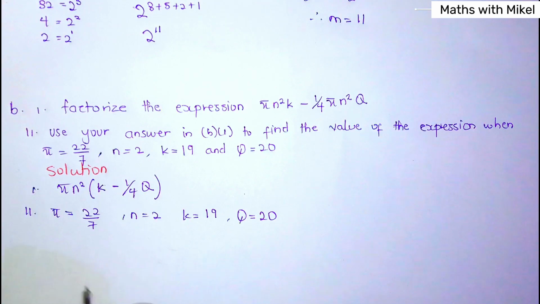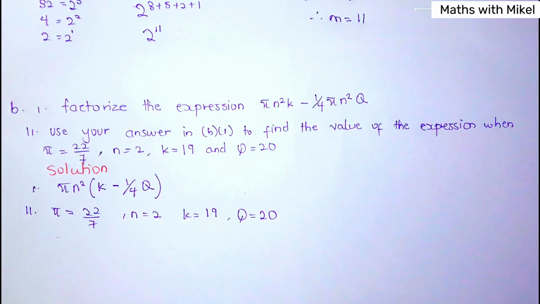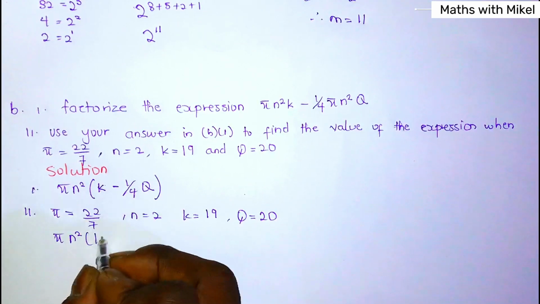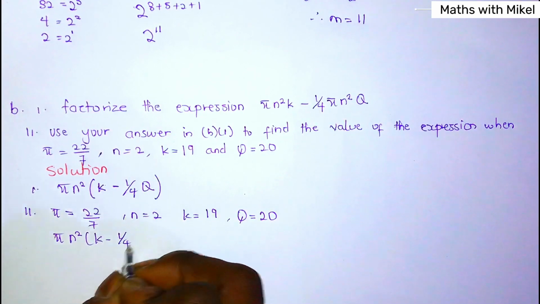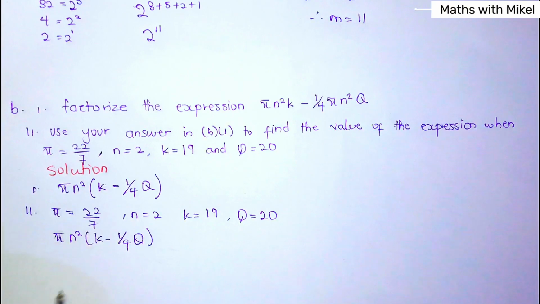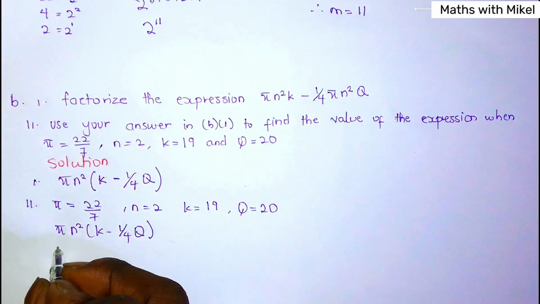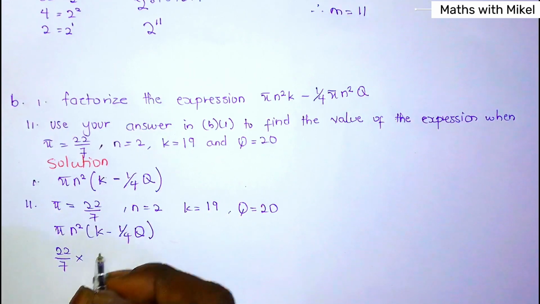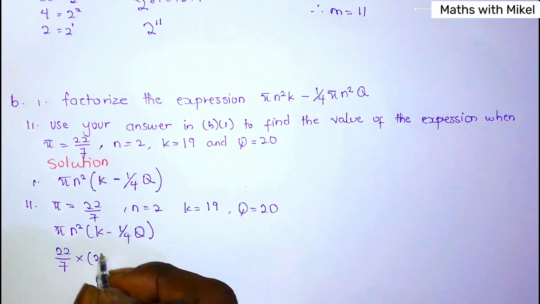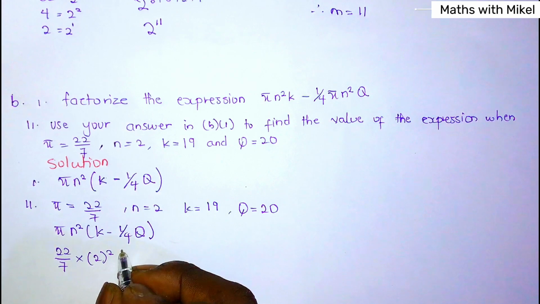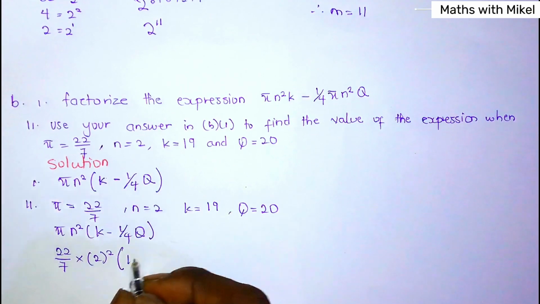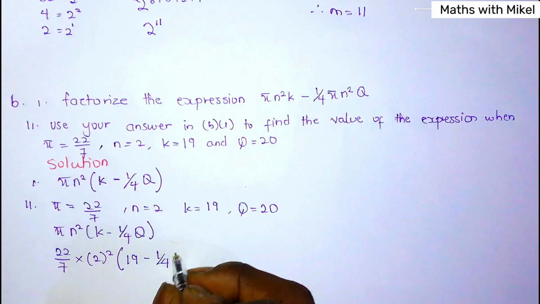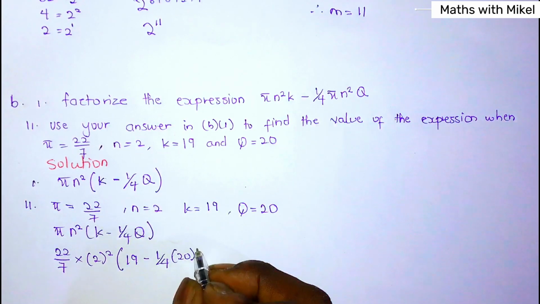So the expression we had is pi n squared into bracket k minus 1 over 4 q. So for pi, we get 22 over 7 times n, which is 2, so 2 squared, into bracket k, which is 19, minus 1 over 4 times q, which is 20.